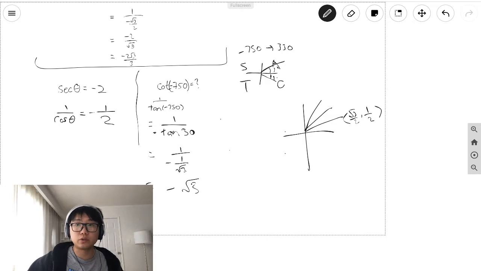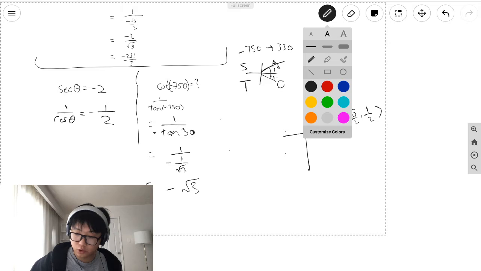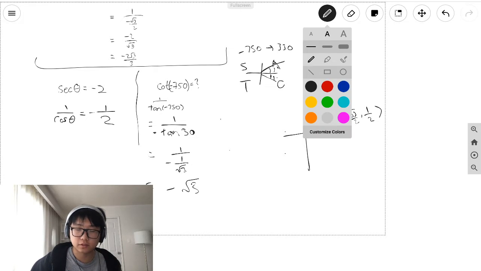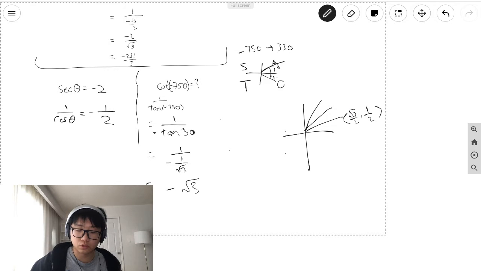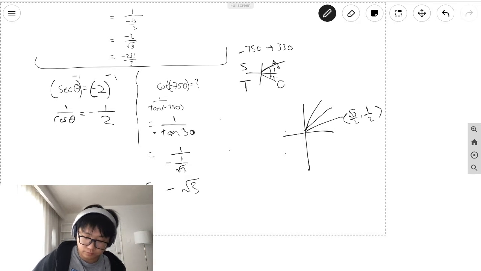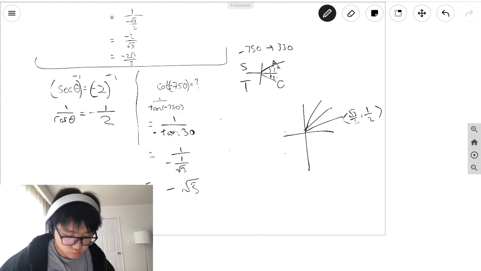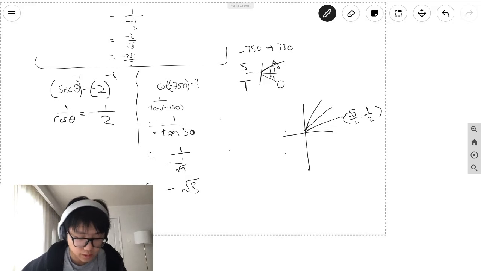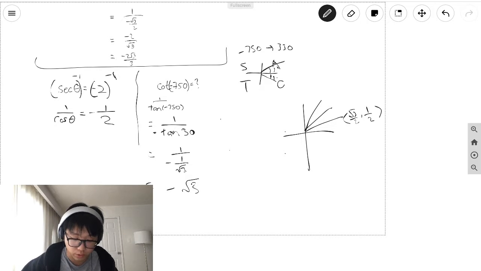In any equation, you're allowed to square both sides. That's a valid move. So here, instead of squaring both sides, I'm taking both sides to the negative 1. You are allowed to flip both sides, because flipping both sides is essentially taking both sides to the negative 1.